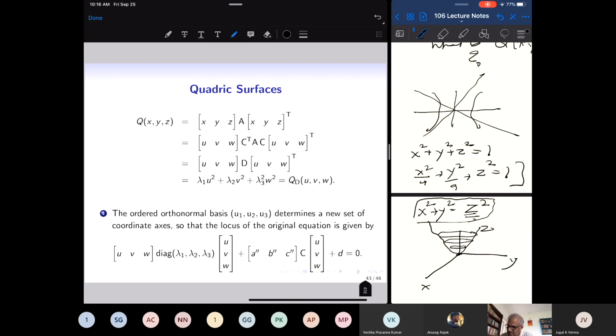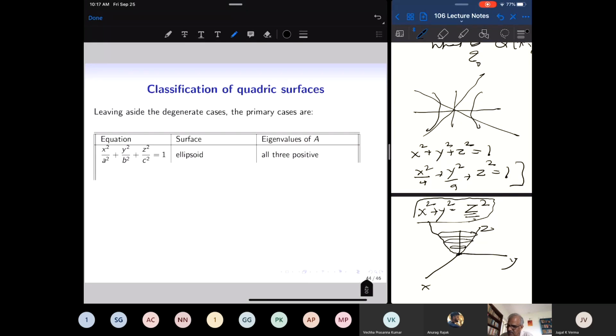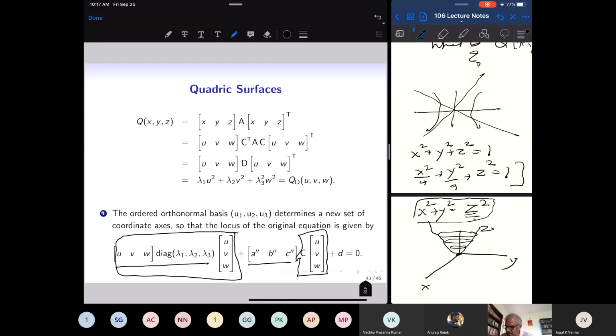And the original equation can now be written in terms of uvw. The quadratic part becomes this, and this is the linear part, x equal to c times u plus d equal to c. So that's the equation in uvw, and then you can work it out.